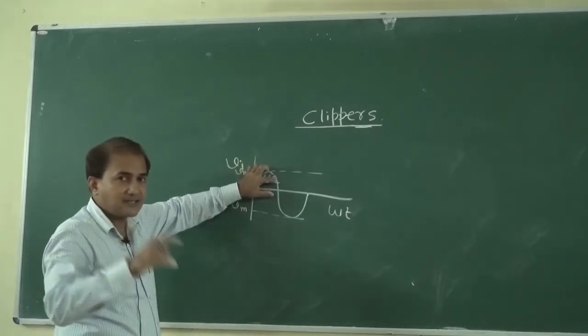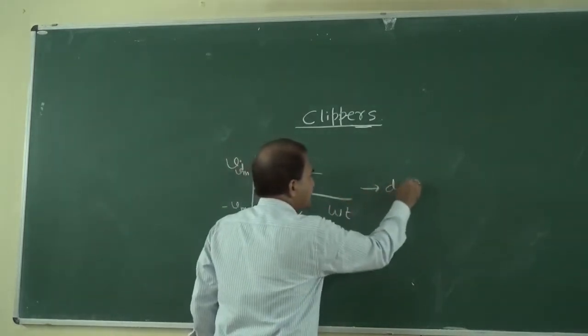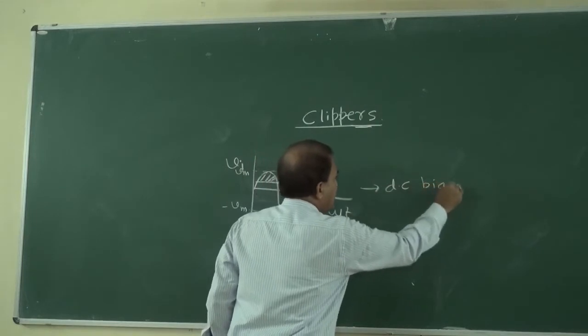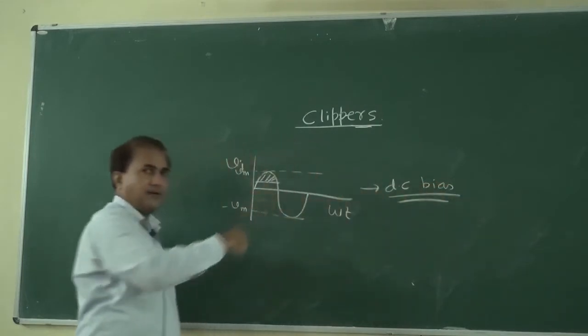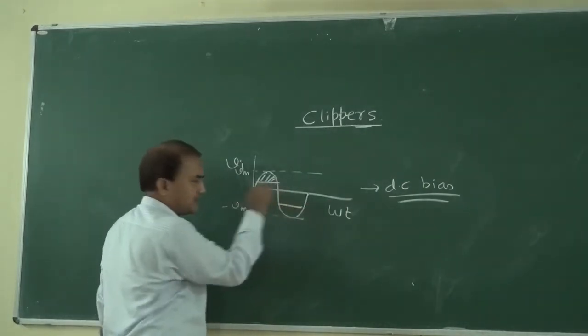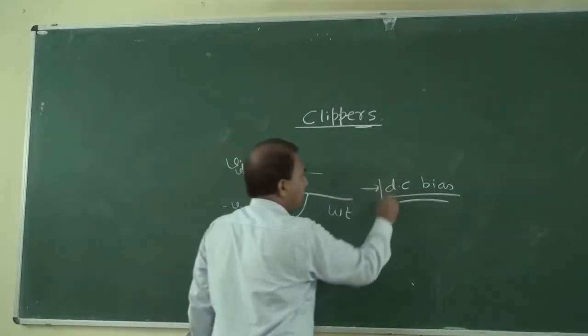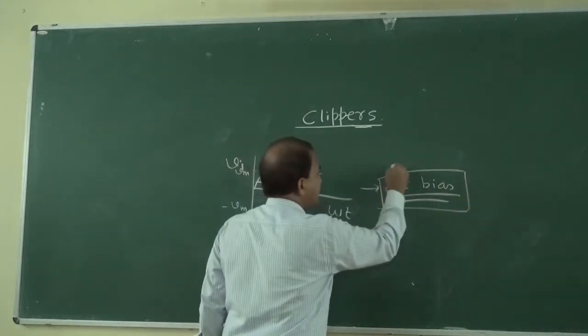By adding some external DC voltage, some external DC bias, in the clipper. Then we can clip either this part or this part.